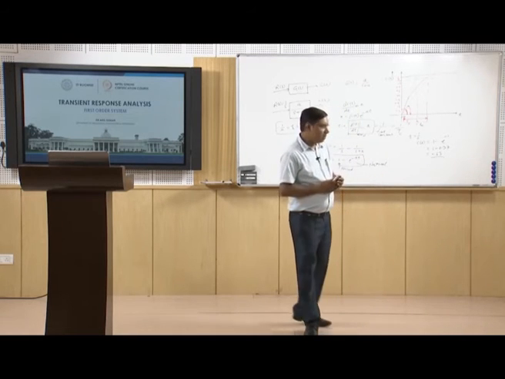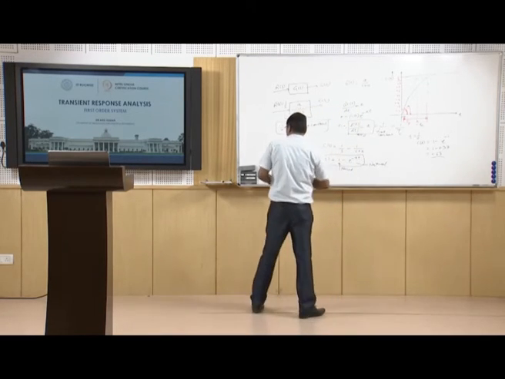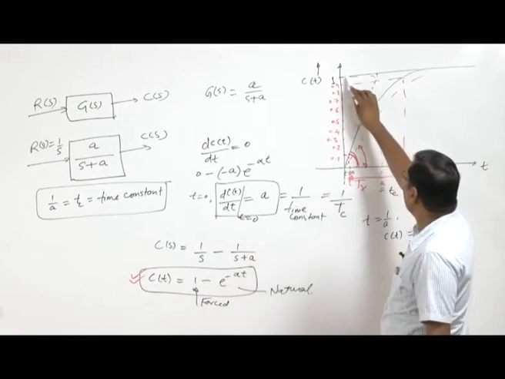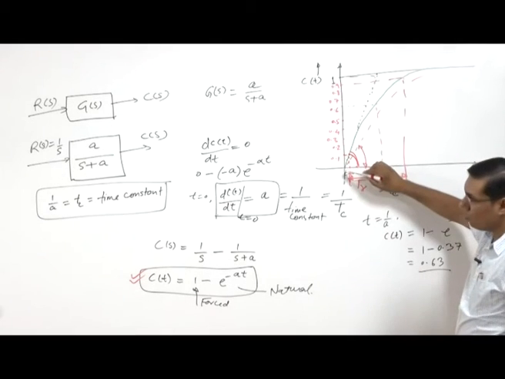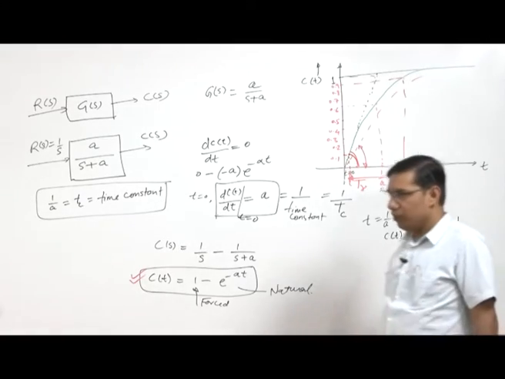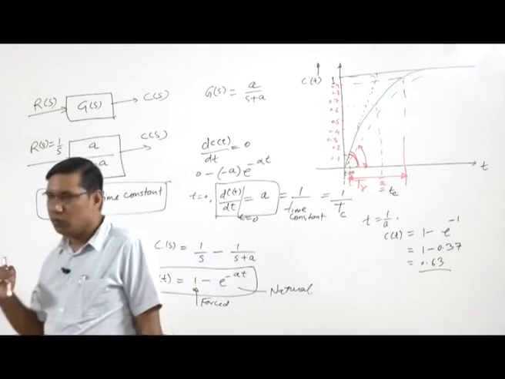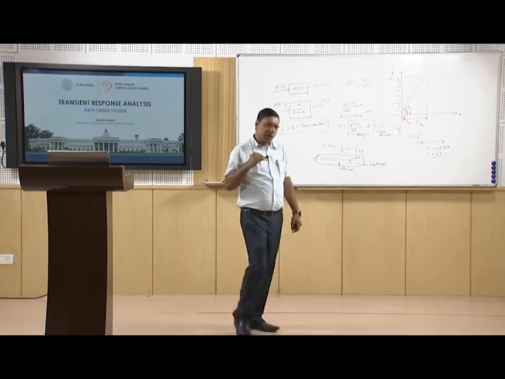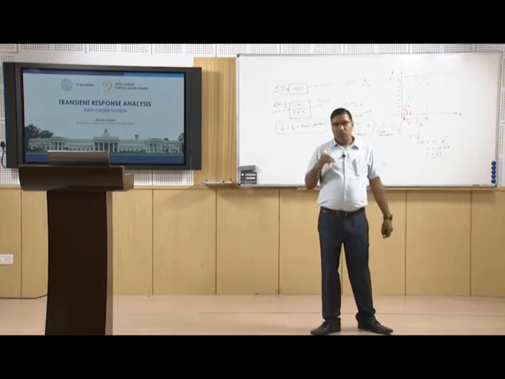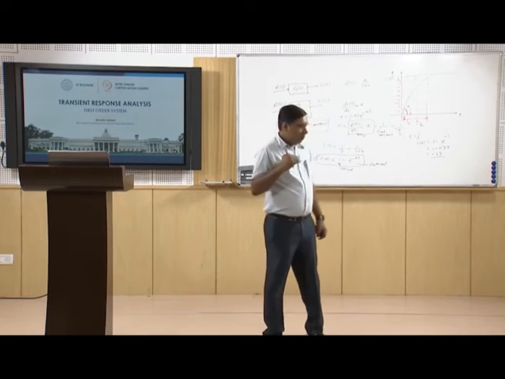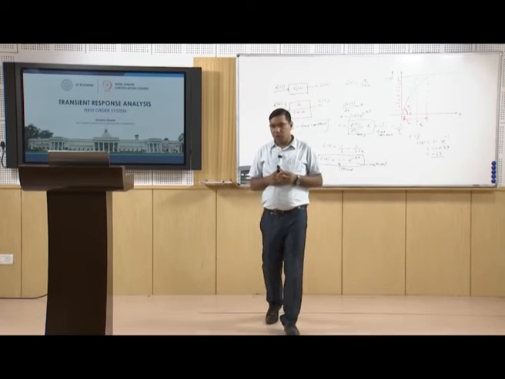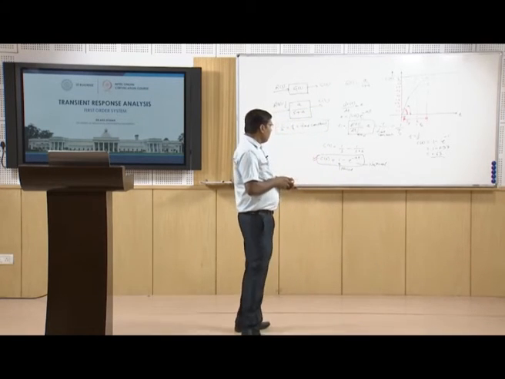So, the first order system is also characterized by the absence of overshoot. The response doesn't go above this final value. It is always below this final value or input or steady state value.